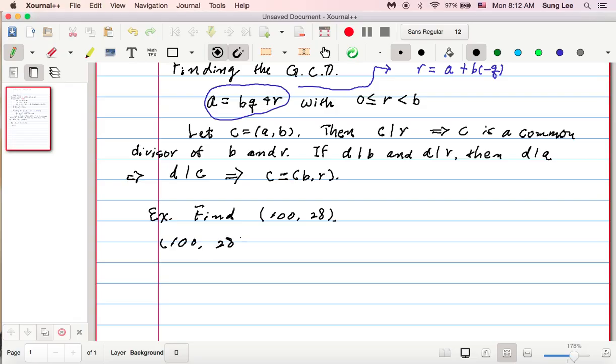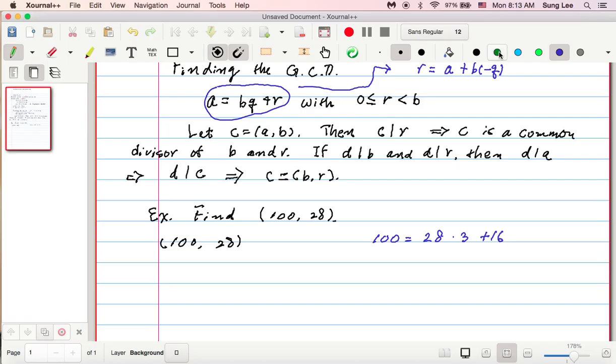First thing is using the Euclidean algorithm. I'm going to use a different color here, next to it. If you divide 100 by 28, the quotient will be 3, and the remainder equals 16.